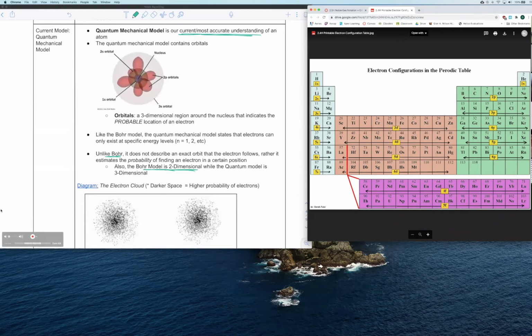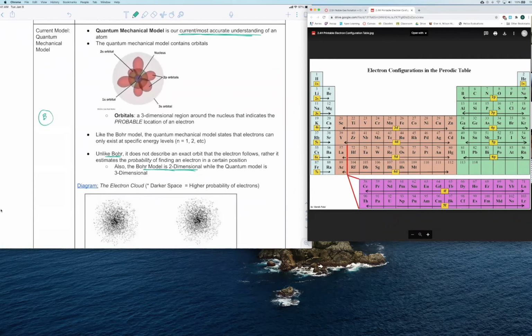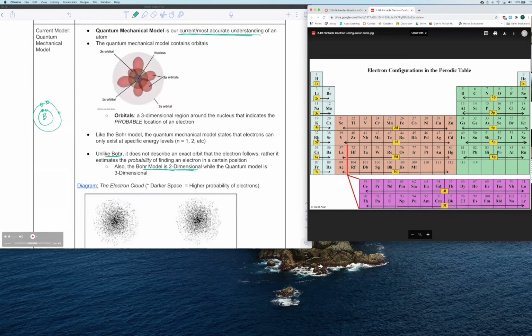So let's say I draw the Bohr model for boron. You have the different electrons surrounding your atom, but this is very flat. It only shows it in a two-dimensional area, whereas the quantum model is a three-dimensional model. And that should be more accurate because atoms in real life are three-dimensional. They're not just flat on a piece of paper.